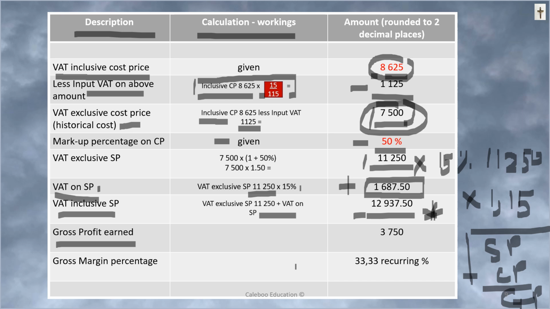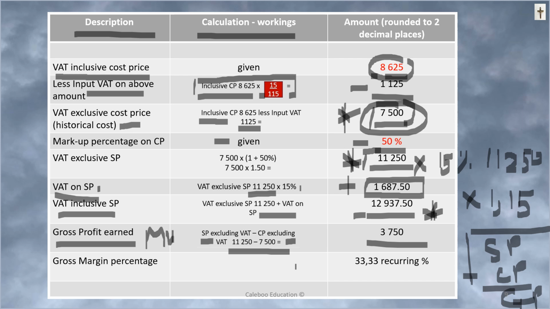I want the selling price excluding VAT, and I want the cost price excluding VAT. The gross profit is selling price excluding VAT minus cost price. 11,250 minus 7,500 will give me the gross profit or markup.